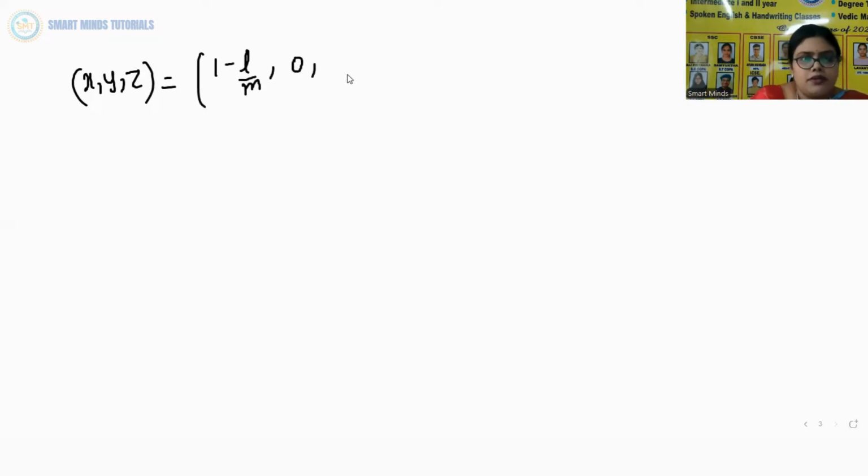Now after finding x and z values, let us substitute them. x comma y comma z is equal to, x we got as 1 minus L by m, y is 0, z is minus n by m. But we know that x comma y comma z lies on equation number 1.